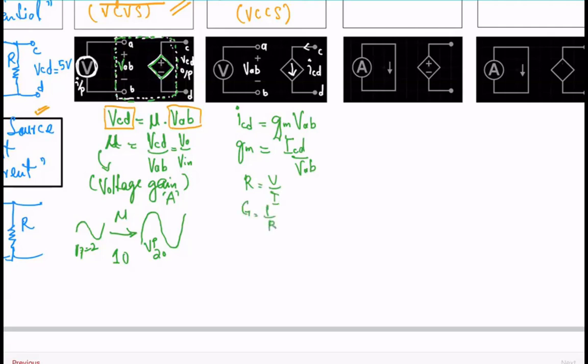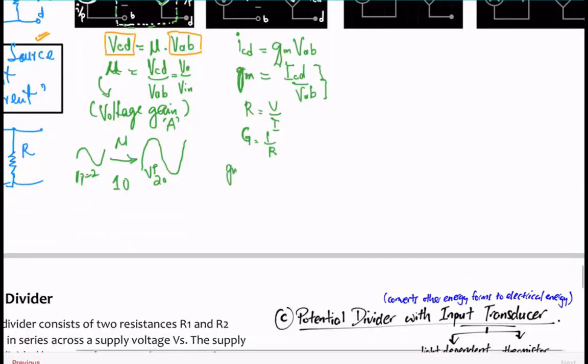So in this equation right here, GM equals ICD over VAB, that is referred to as conductance, right? So that's what GM is for. It's actually referred to as transconductance. GM is the transconductance.